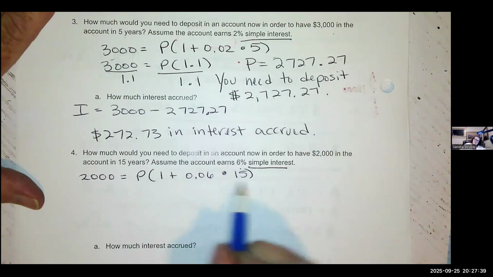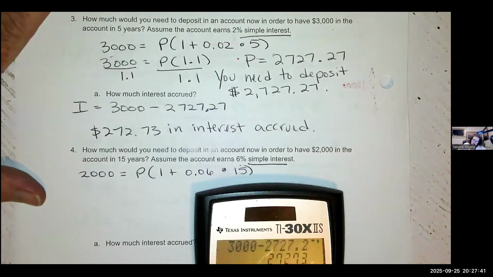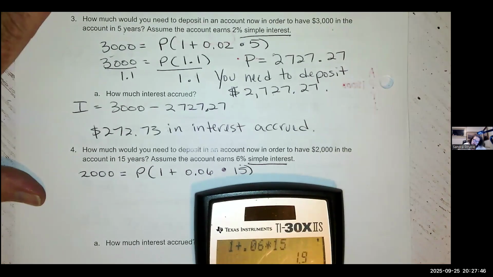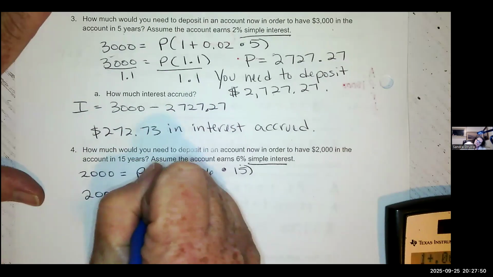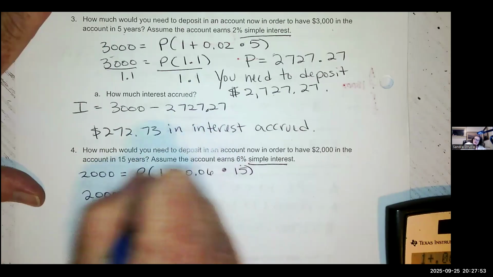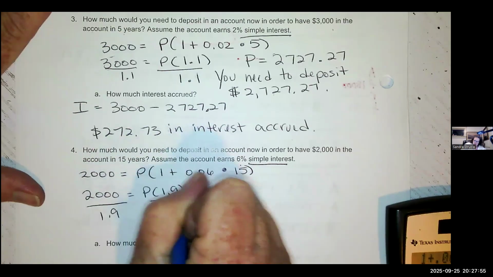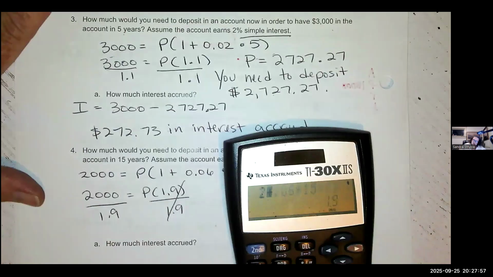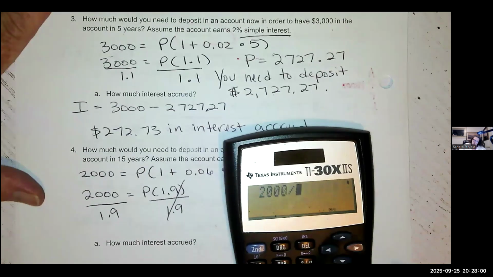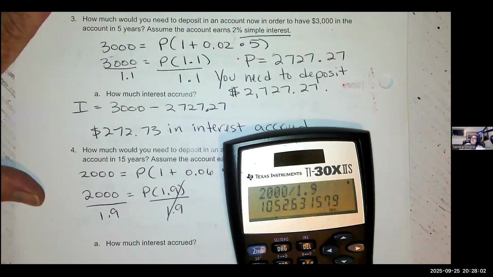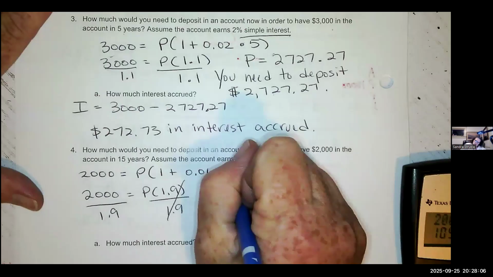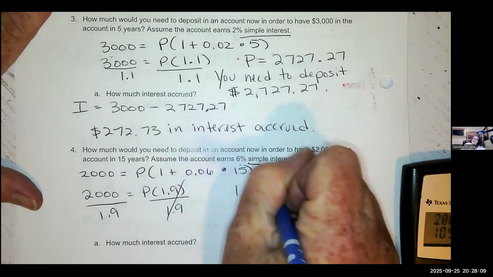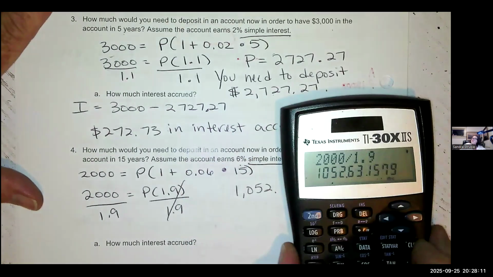I'm just going to simplify the right. 1 plus 0.06 times 15, and I got 1.9. I'm going to divide both sides by 1.9. 2,000 divided by 1.9. Okay, so I got $1,052 and 63 cents.